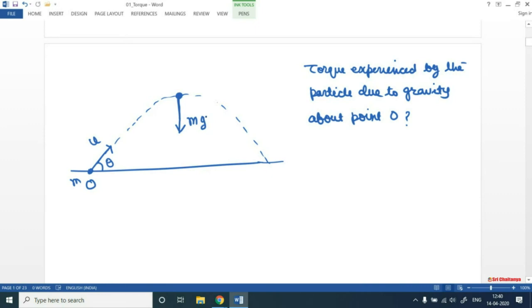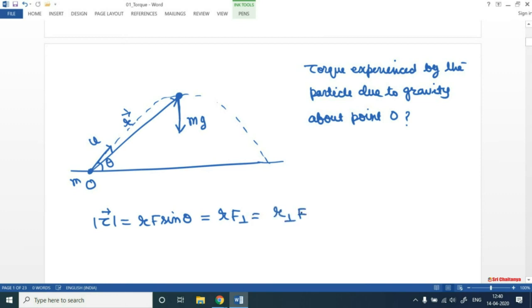We are trying to find out the torque due to mg about an axis passing through O. So this here is going to be the position vector, this is r. So obviously the magnitude of torque is given by rF sine theta, or r into F perpendicular, or r perpendicular into F.